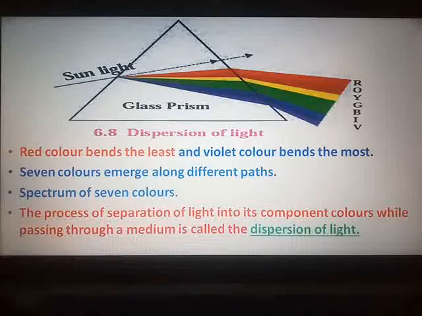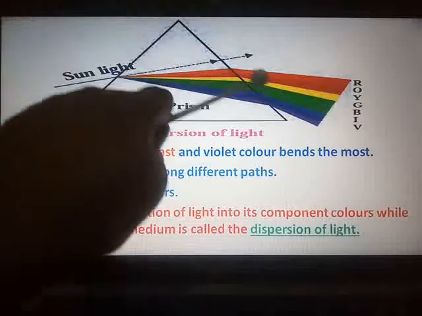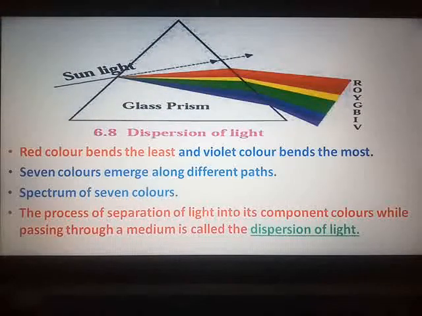Disperse means separated. See the meaning, the word itself has its own meaning. The process of separation of this white sunlight into its component colors after passing through a particular medium is called dispersion of light.